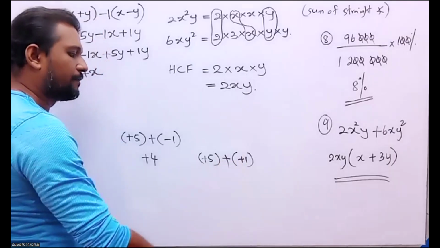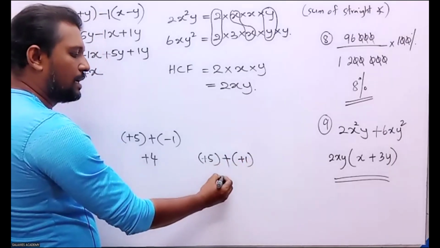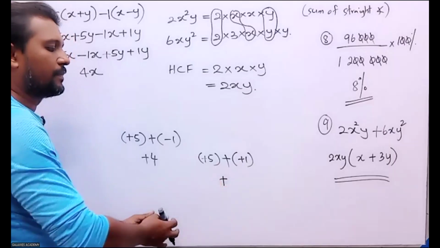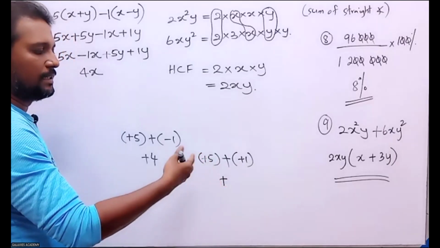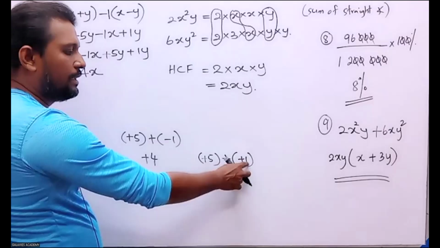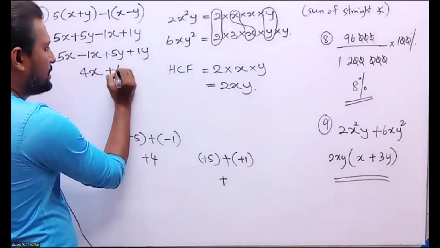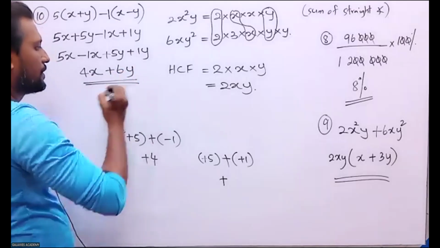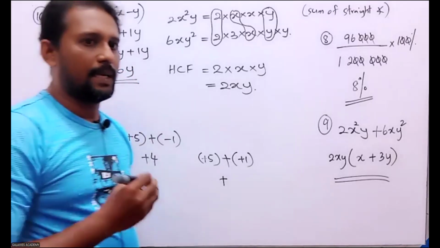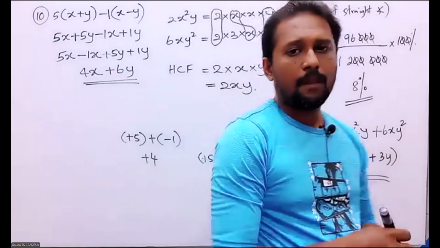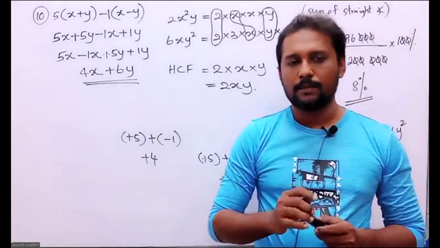Always add same signs. So the answer is same sign. Answer sign is same. You have to add these two. 5 plus 1, 6. So what is the answer? 6y. Right? 4x plus 6y. It is the 10th question answer.